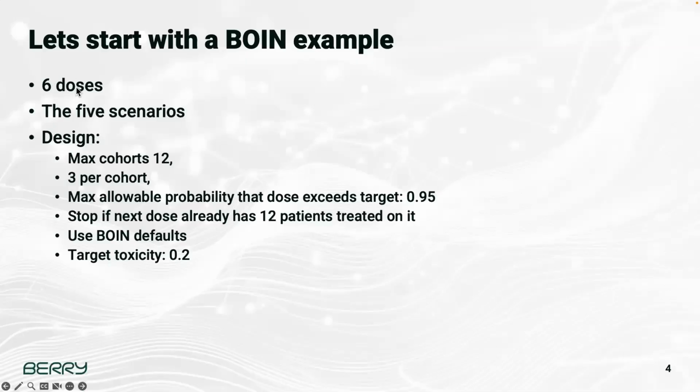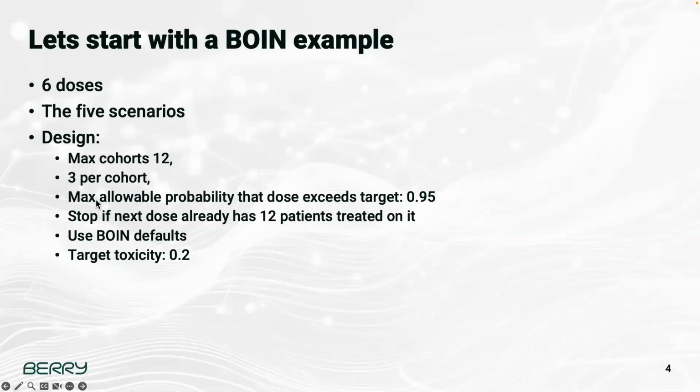And basically, I'm going to input these things I've just outlined: that there'll be 6 doses, I've input the 5 scenarios, and I'll say that the maximum number of cohorts in total available is 12, with 3 patients per cohort.